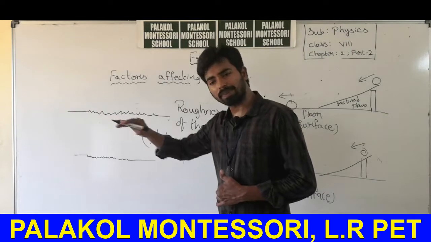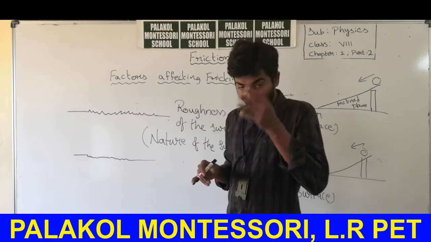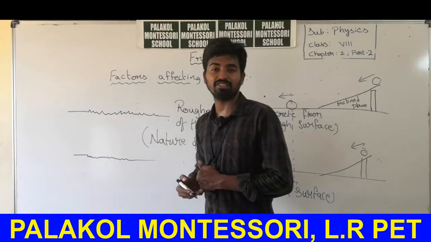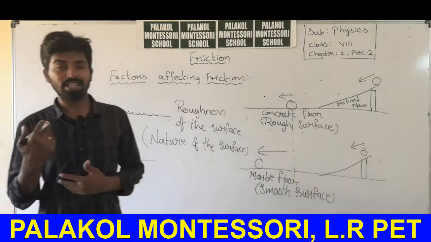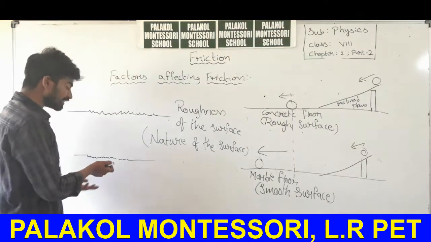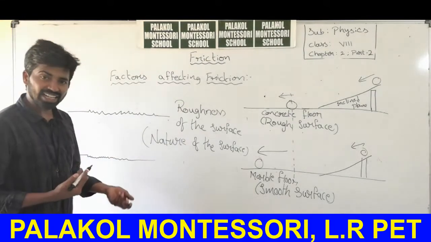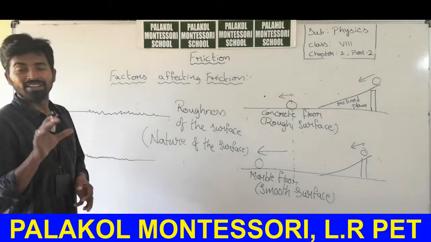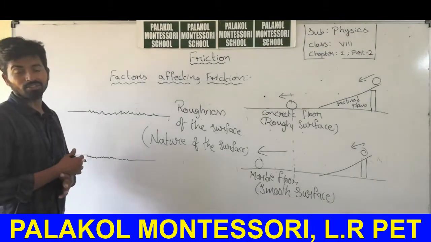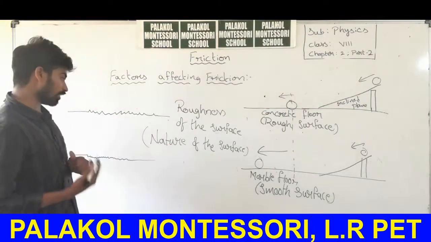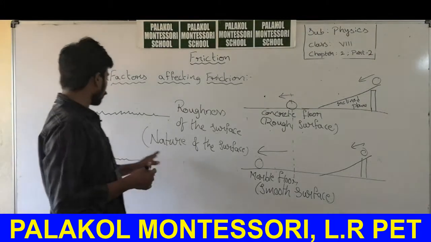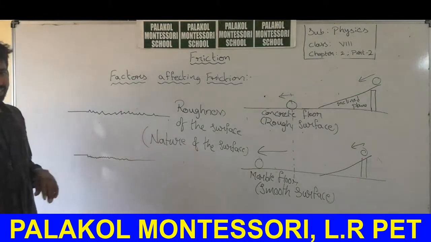Irregularities means it is not a plain surface. The concrete floor has more irregularities, and the marble floor has fewer, but not zero. Both surfaces will have some irregularities.